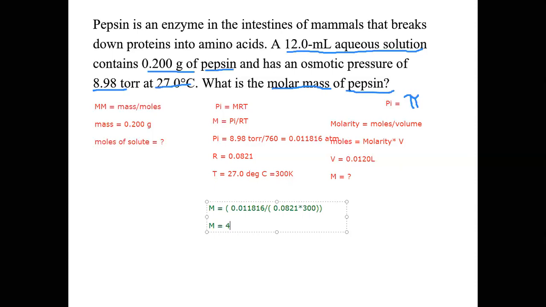And I get a molarity of 0.48033333 times e to the negative 4. Let me double check.